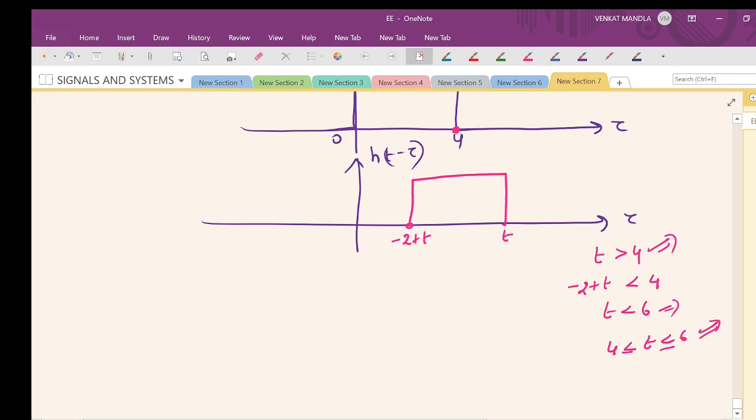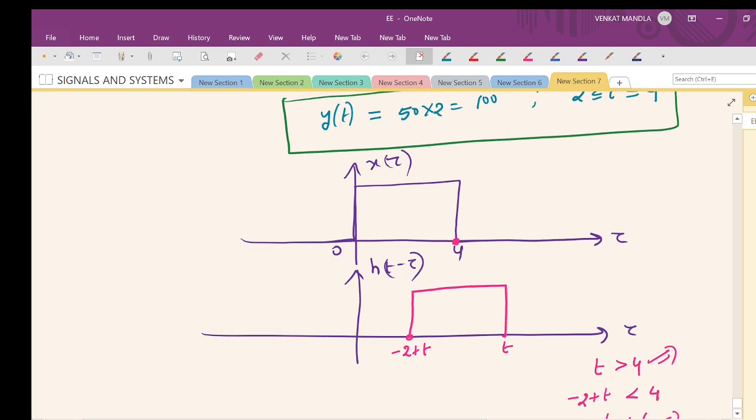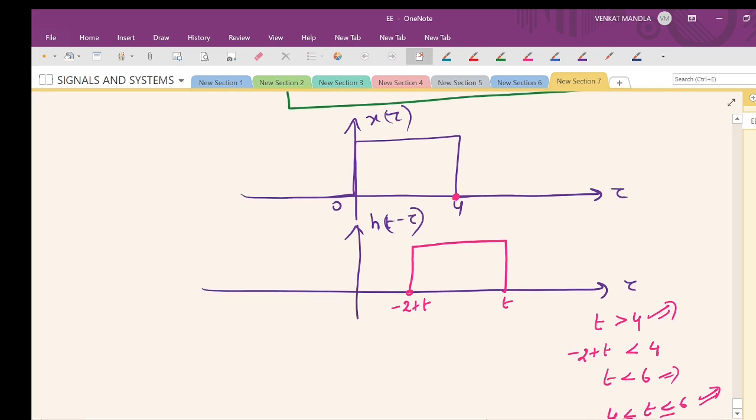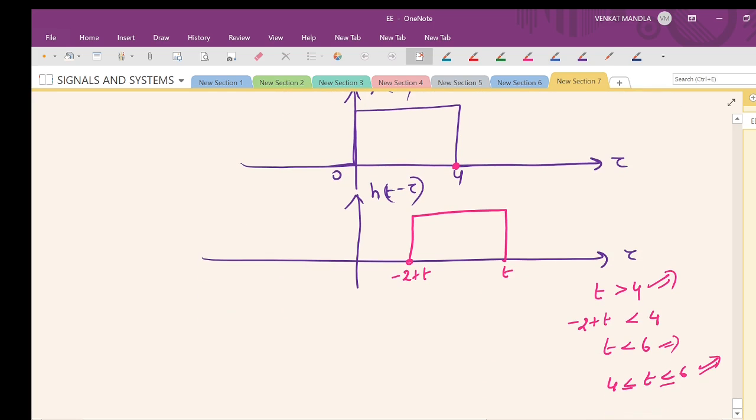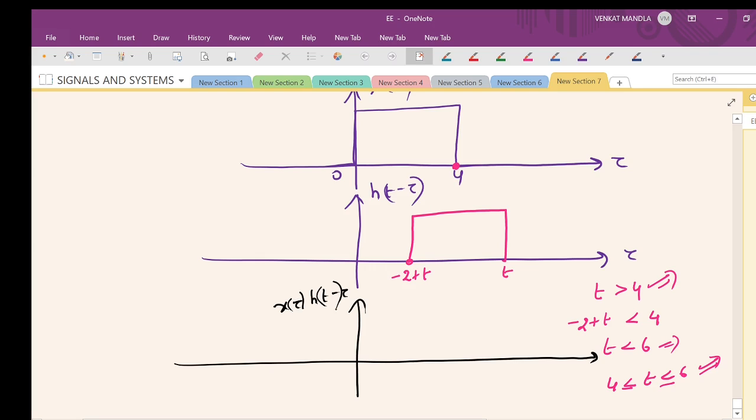These are the limits. Now we have to multiply these two signals. What do you get after multiplication? x(tau) h(t minus tau). Let us say this point is minus 2 plus t, and this point is 4.